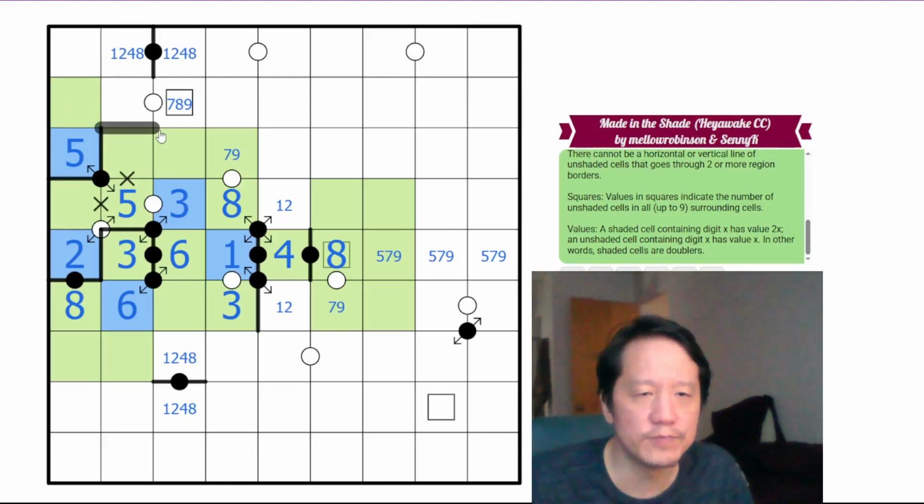So this is a different region. Therefore, this must be blue because we can't cross 2 borders with unshaded cells. This is blue. That forces this all to be green. This must be green also.